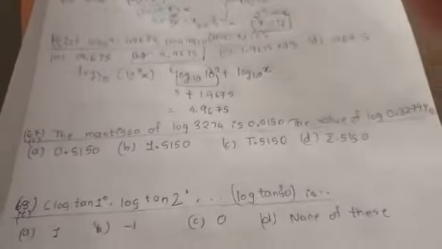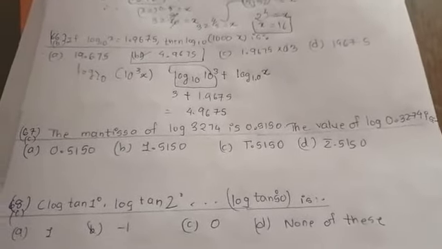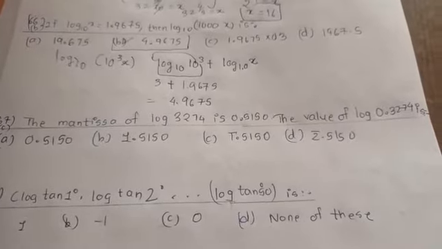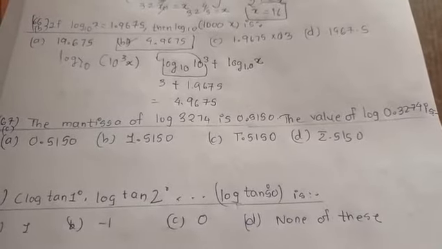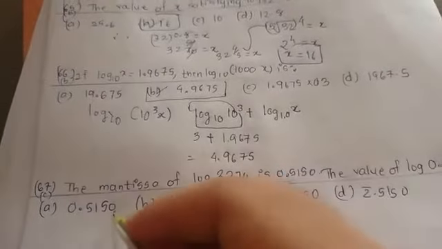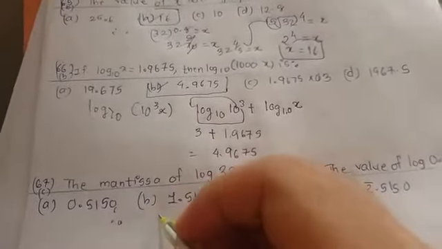67th question, the mantissa of log 3274 is 0.5150. The value of log 0.3274 is. Now, since the mantissa is given, we can find out the characteristic of the log easily.